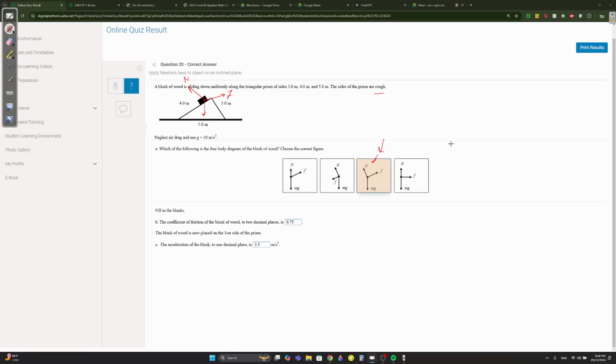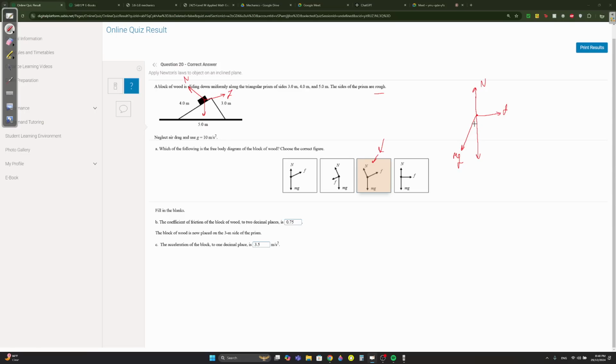Let's take the FBD and draw it a bit. We have, obviously, the weight, so we're going to call it mg. You have the normal force, right? This is the N. You also have the friction, which is acting to the right.